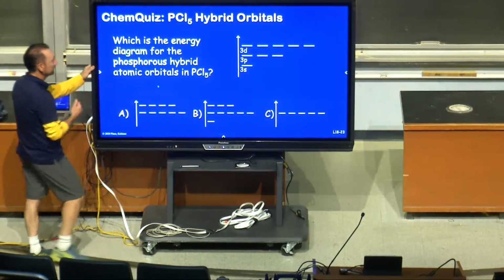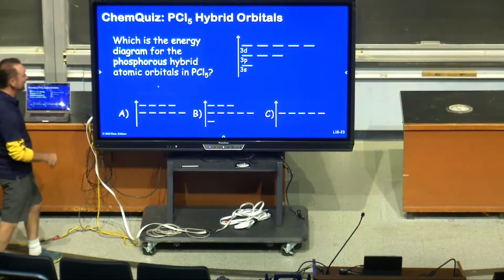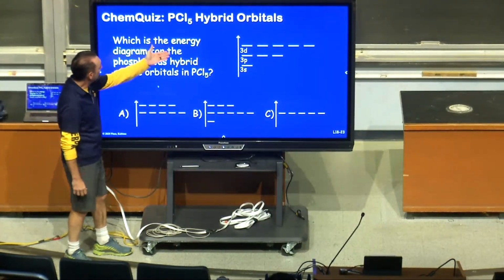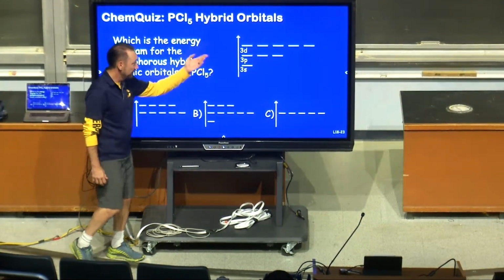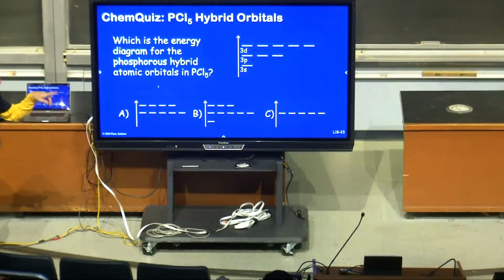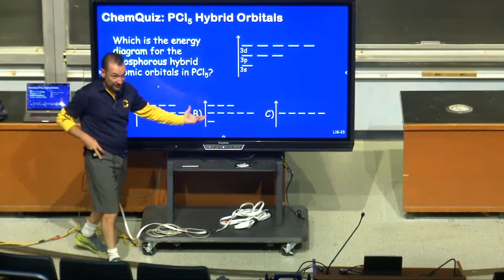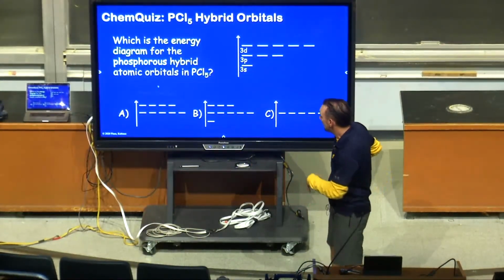Beautiful. Okay, so this is good practice for today and the exam tonight. You know we love energy level diagrams. Which is the energy level diagram for phosphorus in PCl5, what we just saw on the previous slide? Let's talk about that among ourselves and see if we can come to a conclusion. If you get this, you really have followed the whole discussion, and maybe you've already done the reading.